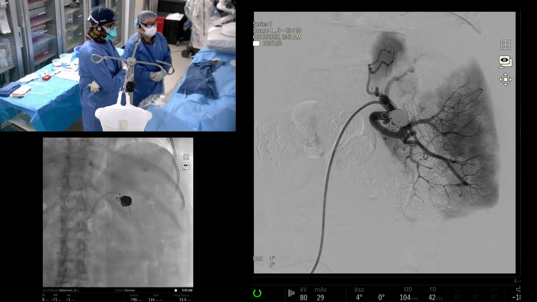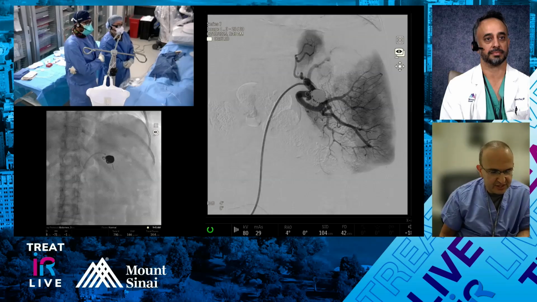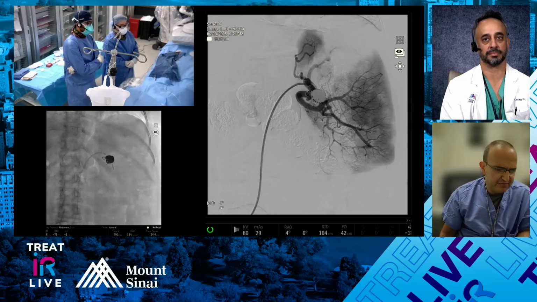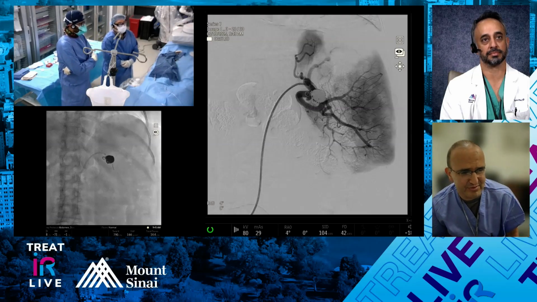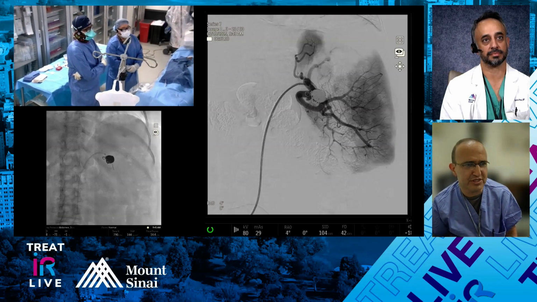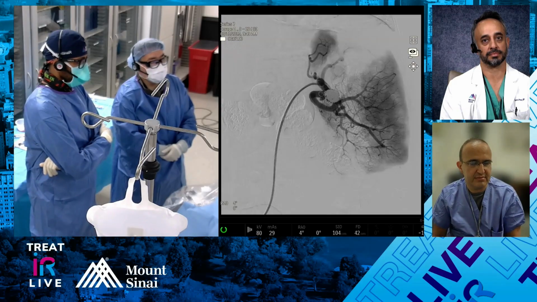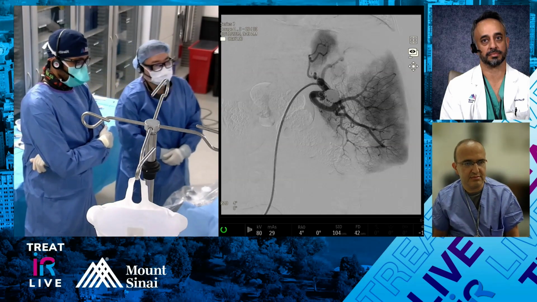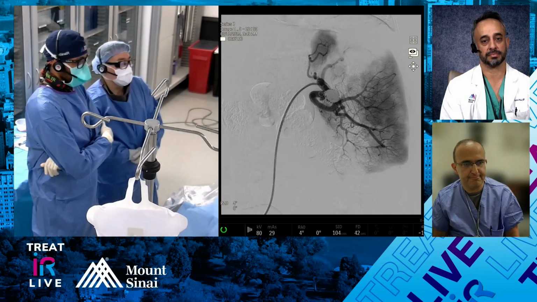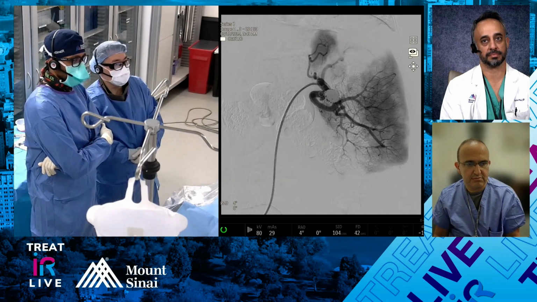Emil, thoughts? No, I think you're absolutely right. But let's play out the scenarios a little bit. If she does have infarction and pain, what do you guys usually do to help them with the pain? Because that can be really bad, right? Post-splenic infarction pain. Sure. We generally give supportive care with pain meds. We do have to be careful with their history of cirrhosis and liver dysfunction, but she is Child-Pugh A. We give some pain meds and some antibiotic coverage.